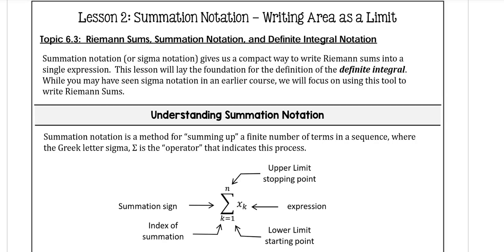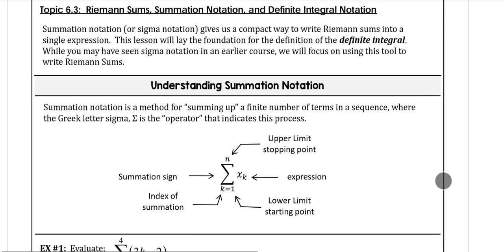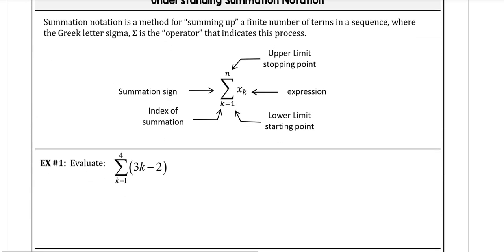We did do some summation notation in pre-calculus. We are going to be writing them in this one based on some given information. Just to review, or if you've never seen this before, summation notation is a way to sum up a finite number of terms. We use the Greek letter sigma for the operator that tells you that you're going to be adding up all these terms.